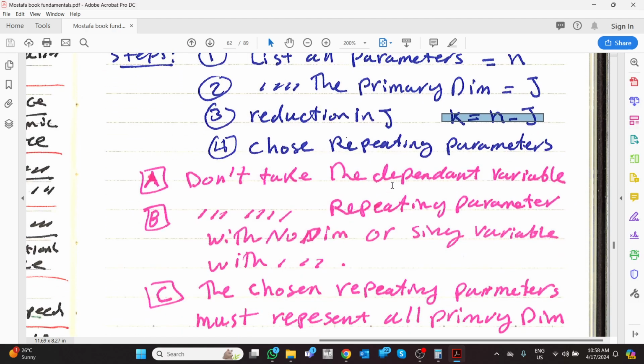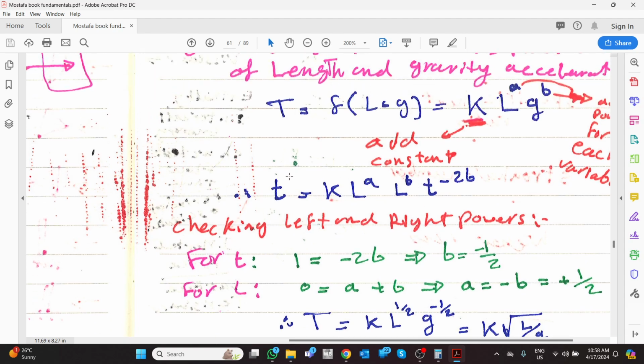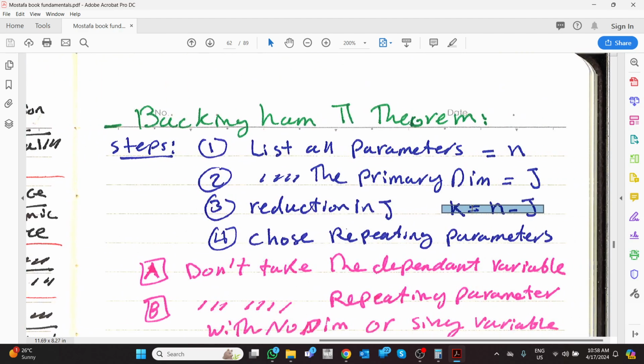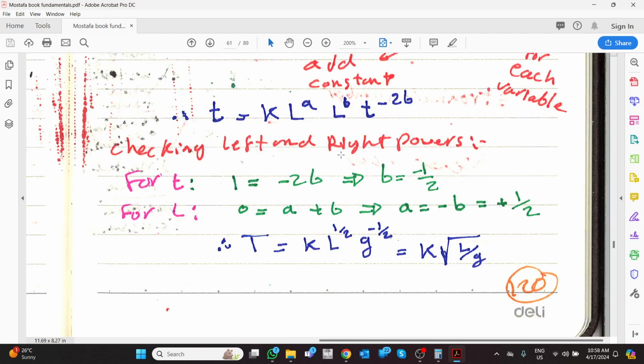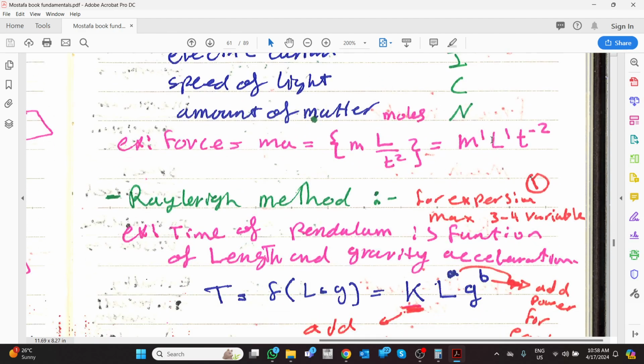Choose the repeating parameters. You have primary parameters and you are going to have repeating parameters. What do repeating parameters mean? For example, if you have L and G, let's assume B and E and T and C, you have repeating parameters.